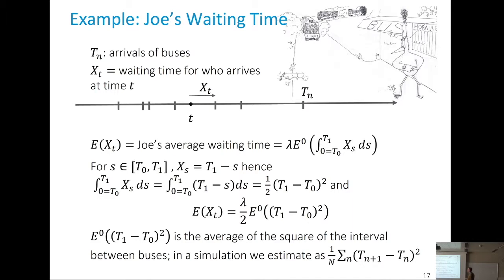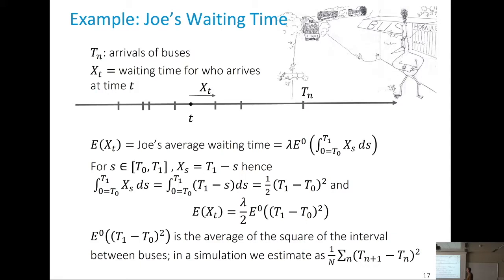So when I or Joe arrives, let's apply the inversion formula we just saw a minute ago. So expectation of x of t is equal to lambda Palm expectation of the integral of the waiting time between t0 and t1, given that t0 is exactly an arrival time. So what is that? Well, when I am in between, this is t0, this is t1, for example, what's the waiting time?